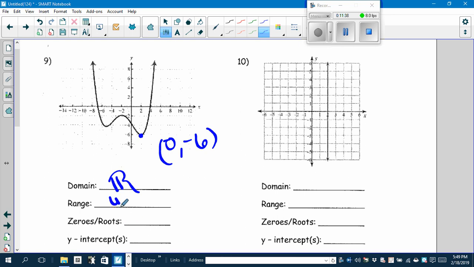So y is greater than or equal to -6 because it includes that value. There's 2 x-intercepts or roots. So one is at -7, 0, and another is at 4, 0. Sorry about my horrible handwriting. And the y-intercept is right here. I'm going to say that 0, -4.